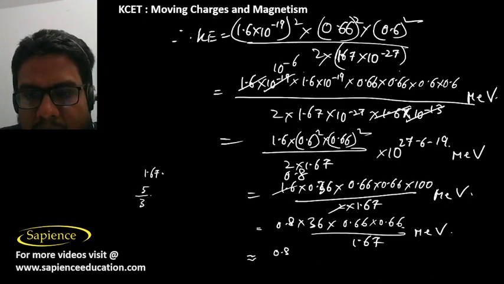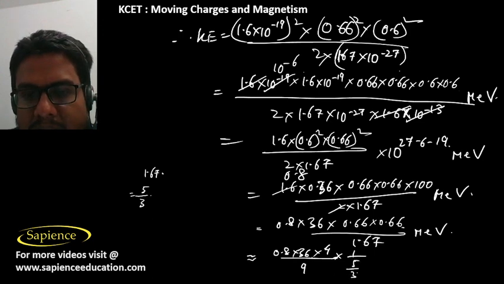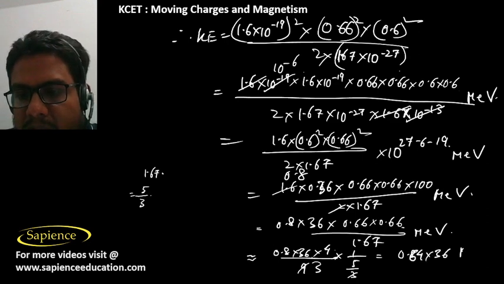So this is 0.8 into 36 into 2 by 3 into 2 by 3, so 4 by 9, into 1 by 5 by 3. So 3 threes are 9, and 4 by 5 is 0.8. So 0.8 whole square is 0.64 into 36 mega electron volt.